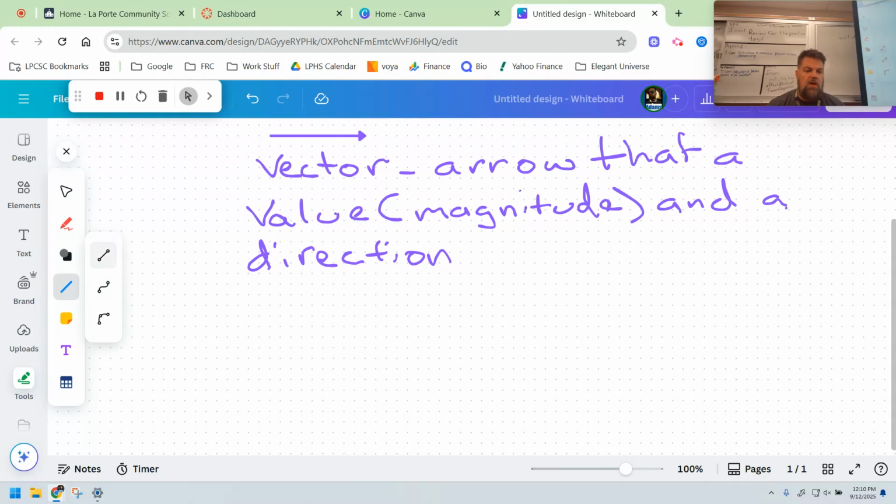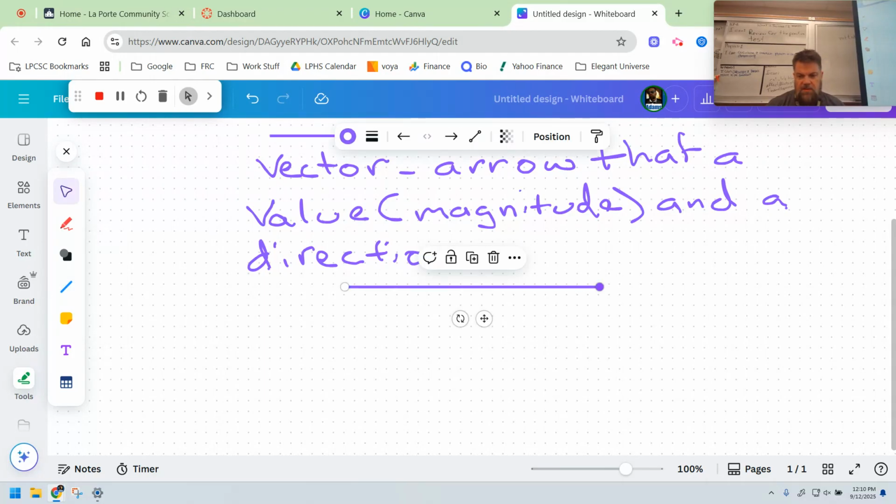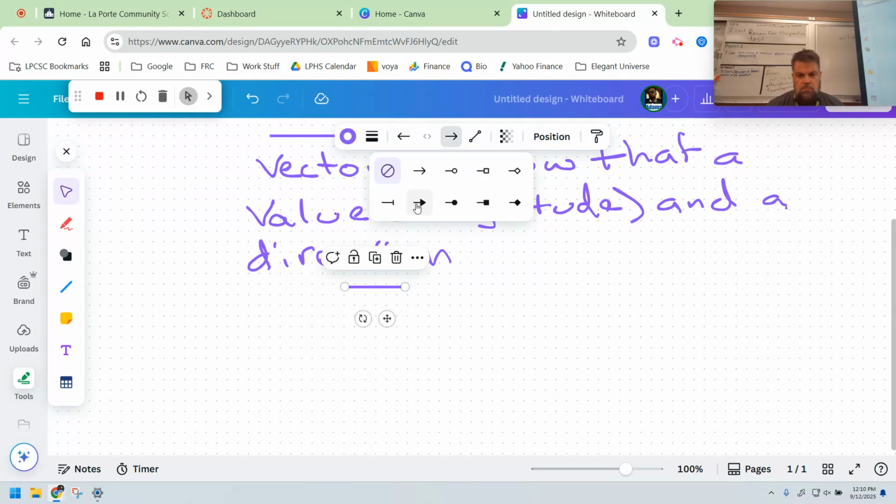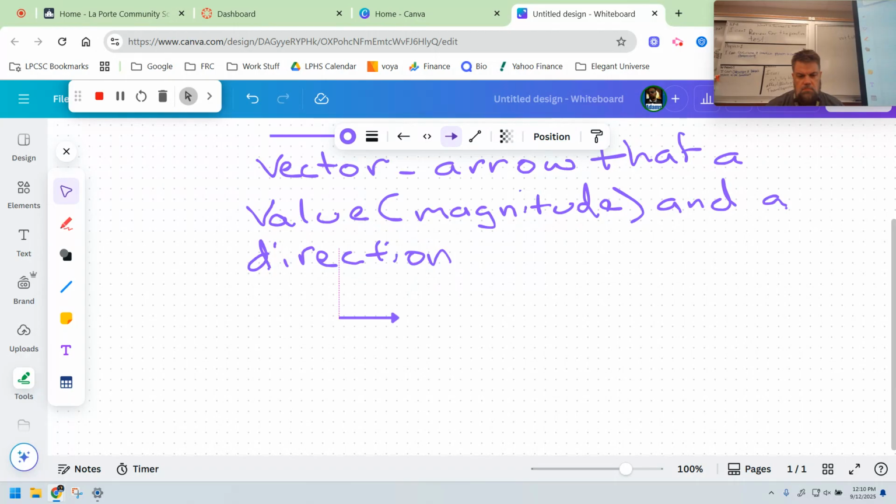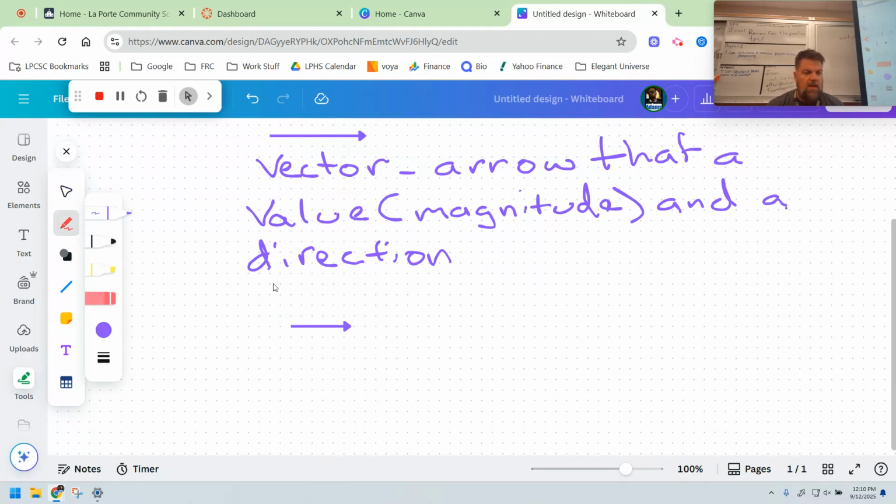So let's draw some vectors. So this vector here can represent 4 meters. And we'll talk about the difference between vectors and scalars.